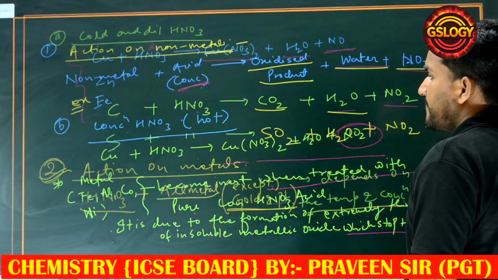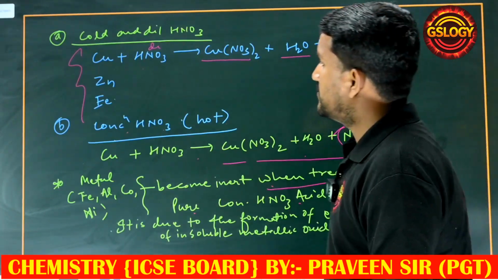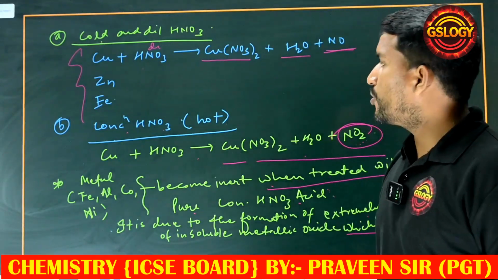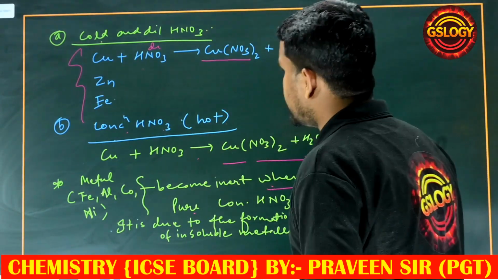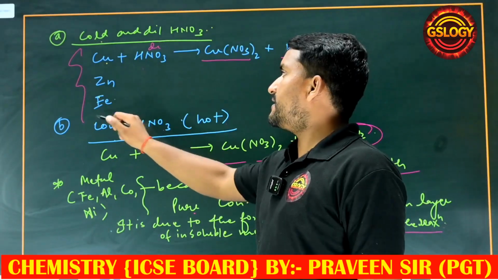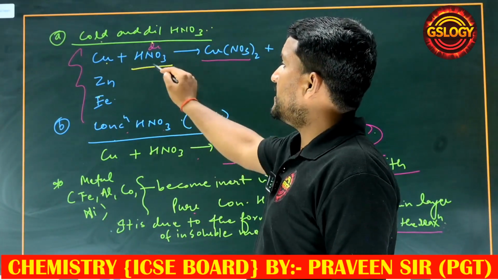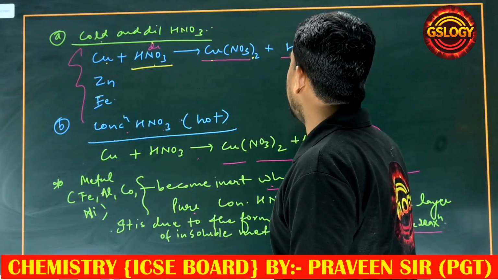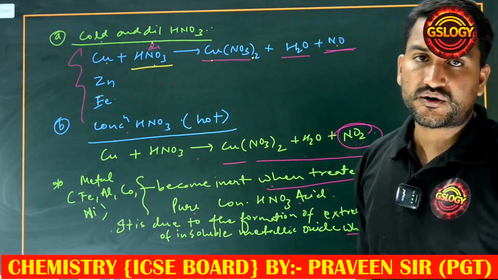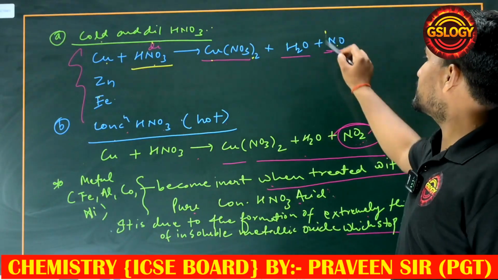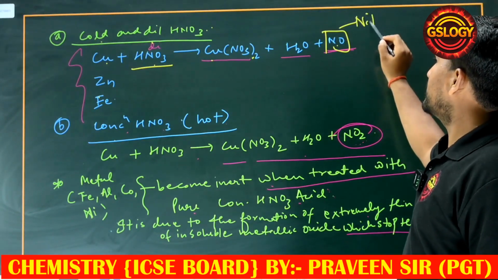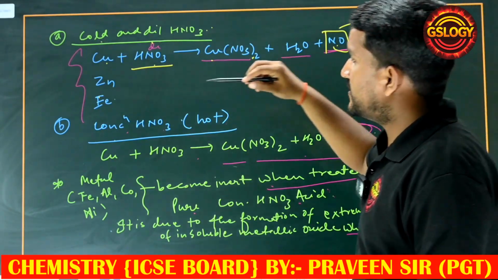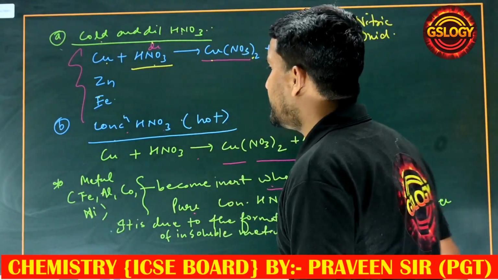Reaction with cold and dilute nitric acid. When copper, zinc and iron react with dilute nitric acid, then copper forms copper nitrate, water and nitric oxide. It is what? Nitric oxide, at cold and dilute nitric acid.